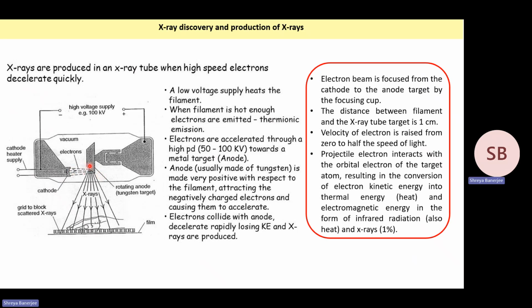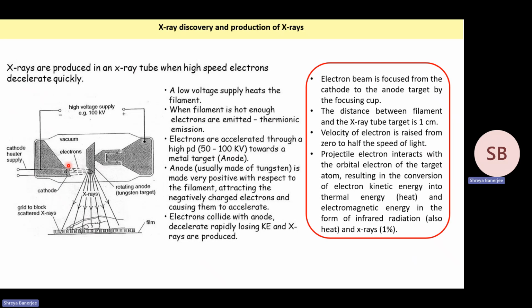Now, when these electrons hit the anode, the acceleration decreases, leading to a loss in kinetic energy, and it produces the X-rays. Once more, going through the entire process, the electron beam is formed by heating up the cathode metal, which leads to emission of electrons. It is focused from the cathode to the anode.